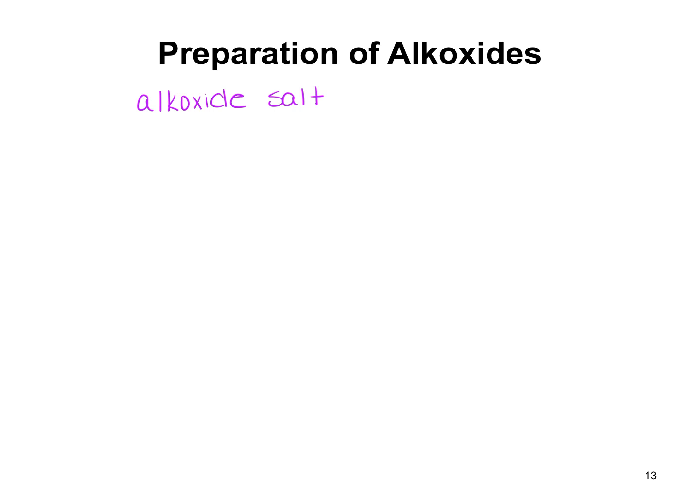So to prepare an alkoxide salt, you start with an alcohol, and then you add sodium hydride. Now, the sodium itself is a spectator ion. So I am going to show this mechanism, and I'm actually going to erase the sodium hydride and put it up here so that you can see the full equation.